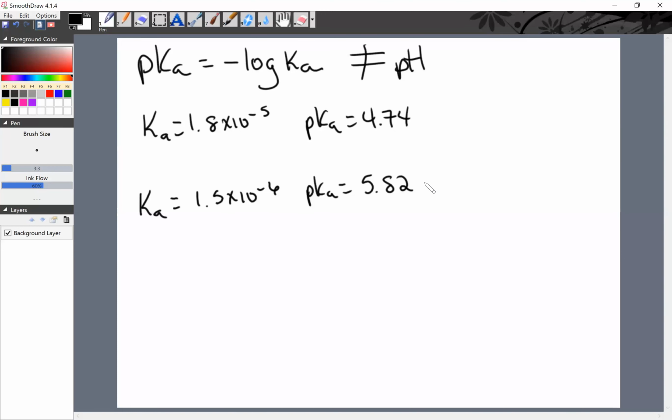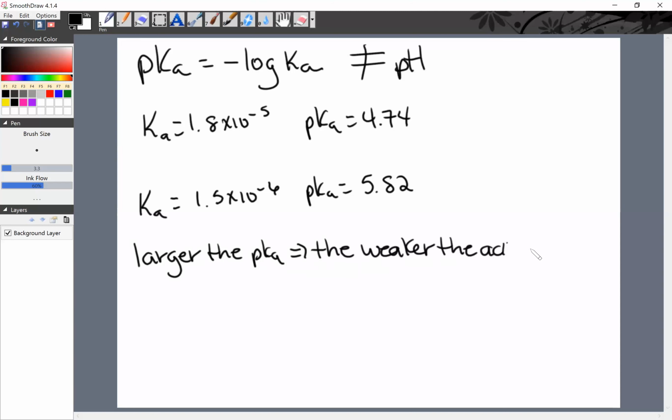And then just like with pHs, it seems a little backwards, but the larger the pKa, the weaker the acid. So instead of trying to compare those two tiny numbers, I can compare these nicer numbers, and this one is obviously larger.